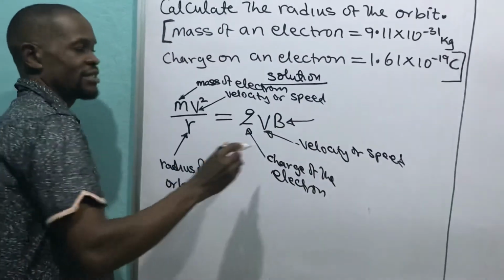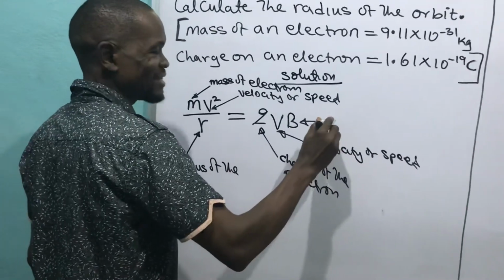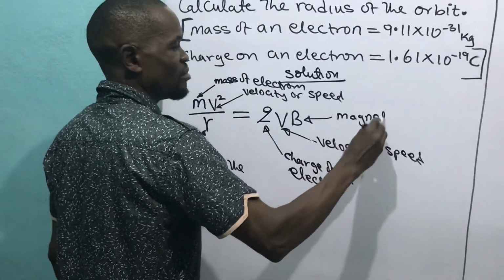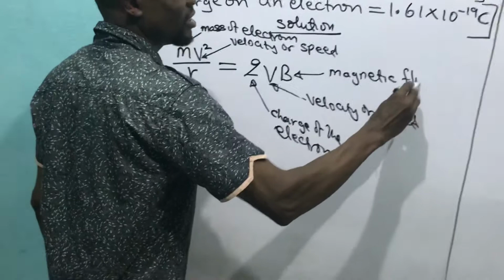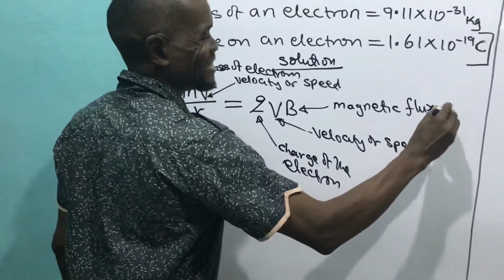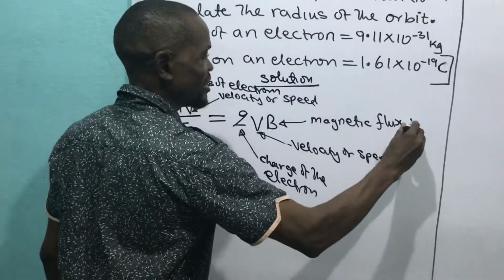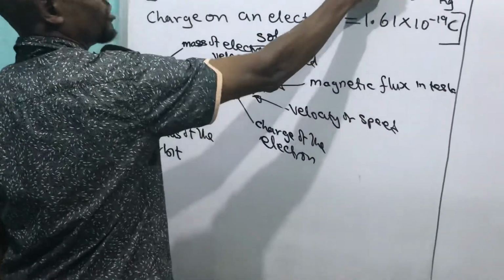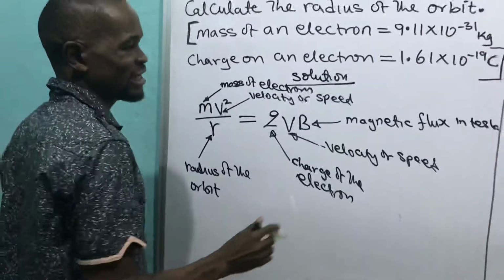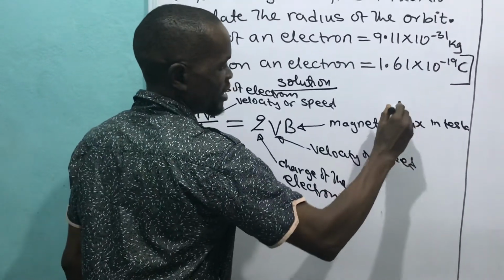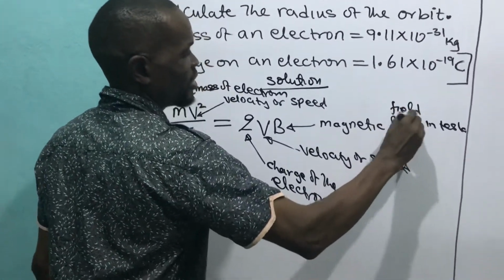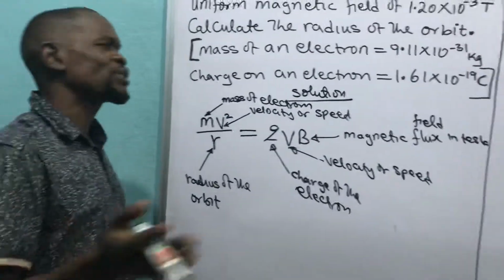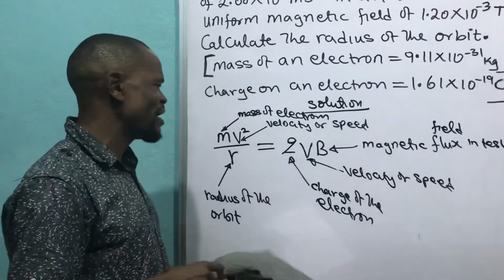This is the magnetic field, B, which we measure in Tesla, unit T. Magnetic flux or magnetic field is measured in Tesla. And someone will ask, why did I choose this? Why am I using this formula?